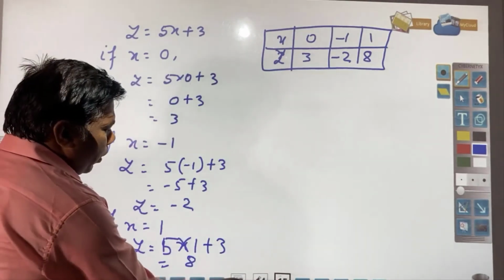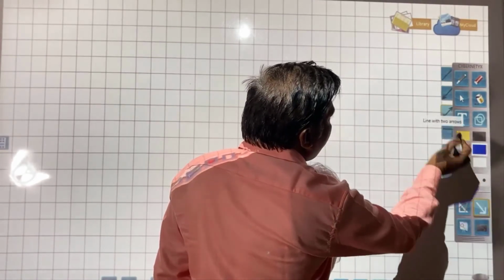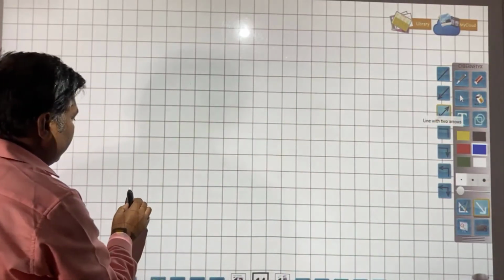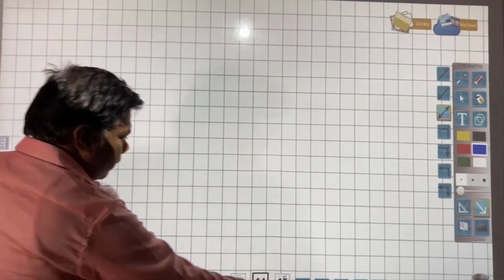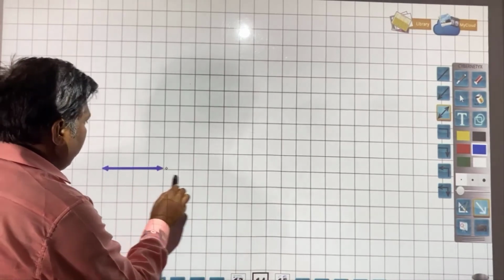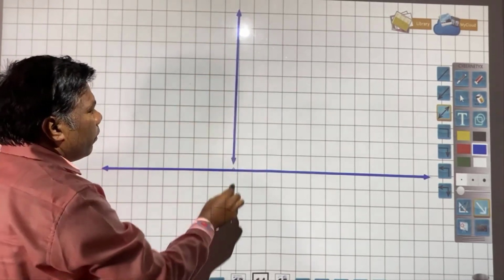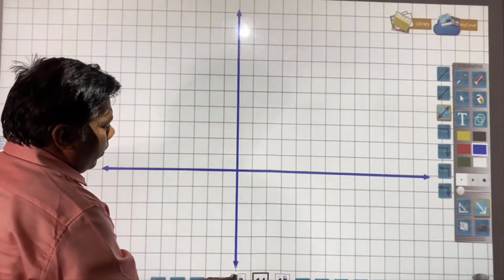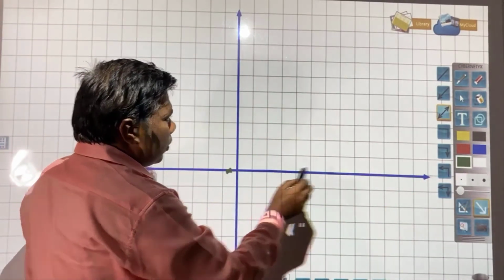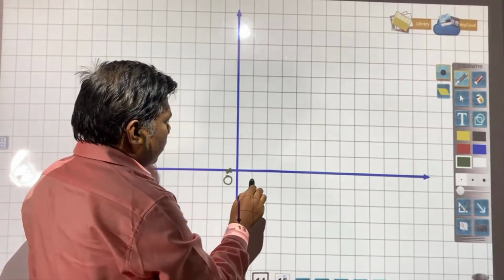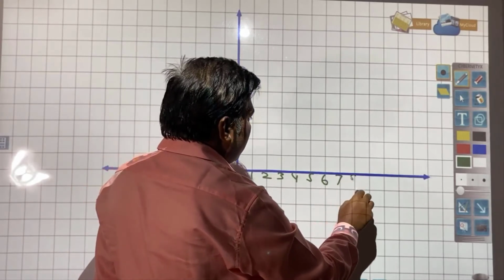Now it is required to be plotted. So again x axis and y axis is required to be formed. Here you have 1, 2, 3, 4, 5, 6, 7, 8.